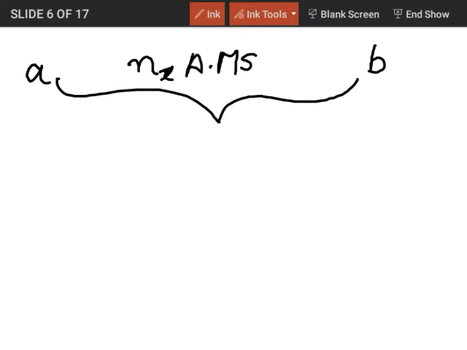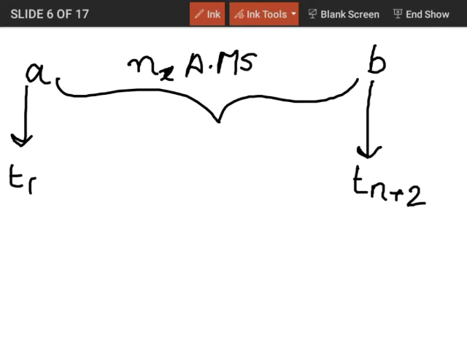Now if I name this as T1, how can I write b, what will be the notation? This will be T(n+2), correct, right?